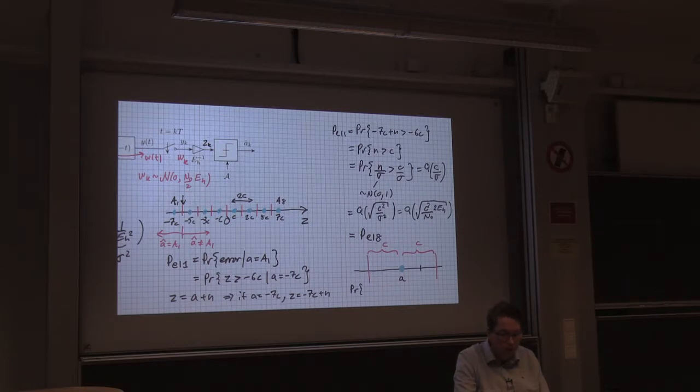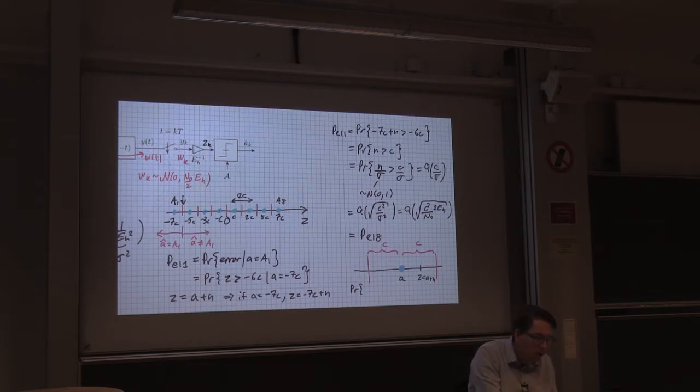And Z that we get is A plus noise. So as long as this point is inside the decision boundary, we make no error. But we make an error when the noise pushes this over this decision boundary or over this decision boundary, right? So we have two decision boundaries to worry about here.